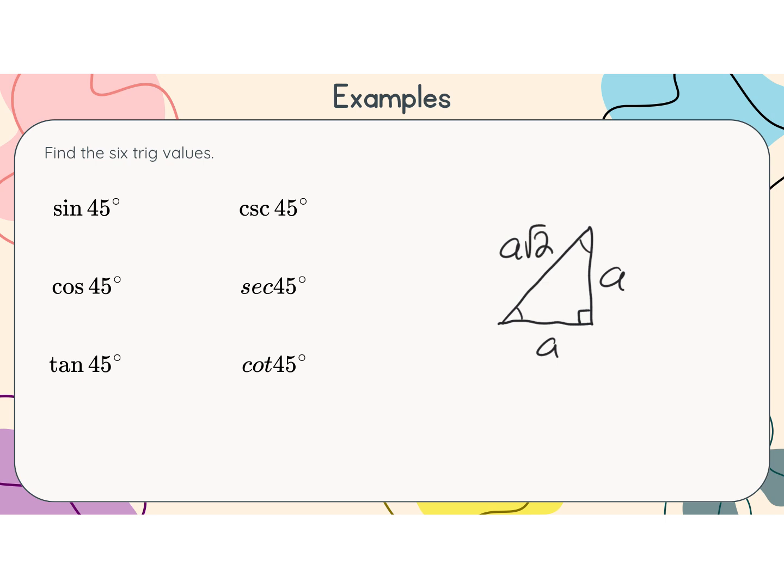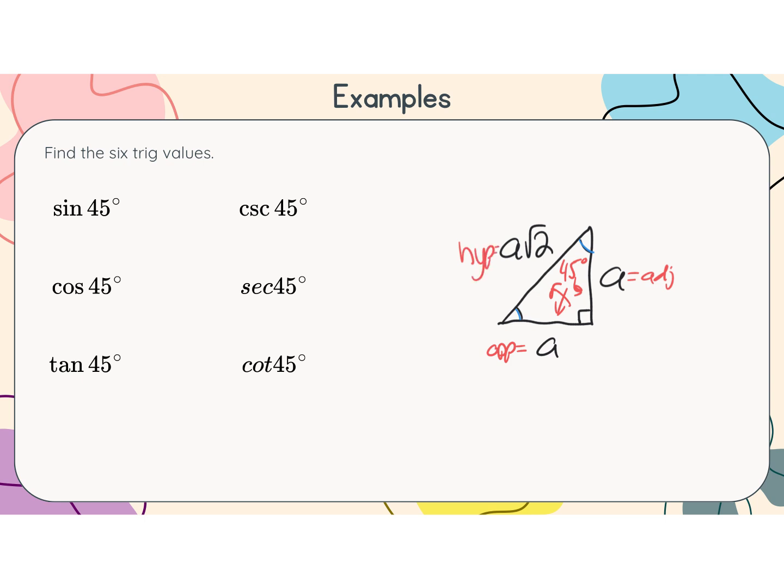Because both of these angles are 45 degrees, it doesn't matter which one we use as our theta. Let's just say I'm going to use this 45 degrees. Then the opposite is going to be A. The adjacent, the side next to it, is also A, and the hypotenuse is A square root of 2.